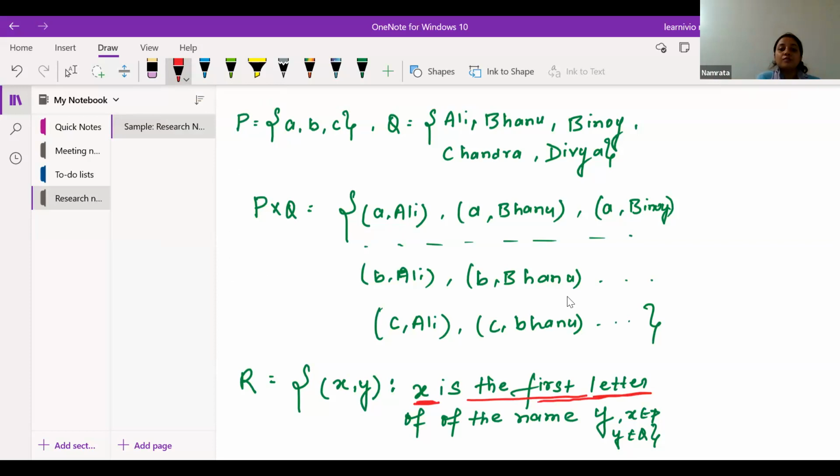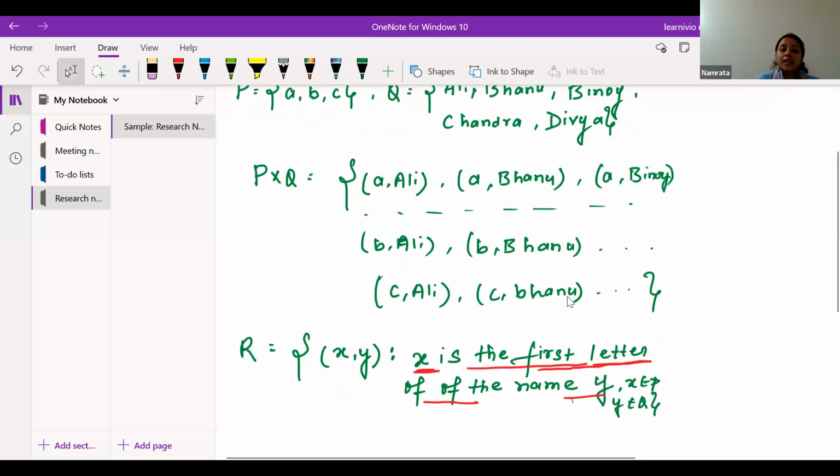X is the first letter of the name Y, where X belongs to P and Y belongs to Q. So you have to take an X from P. Suppose P has three elements, A, B, C. If you are taking A from P, then the other element of the ordered pair will be a name which must start with A only.